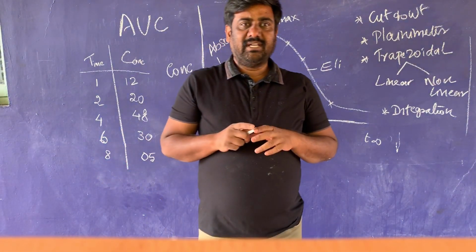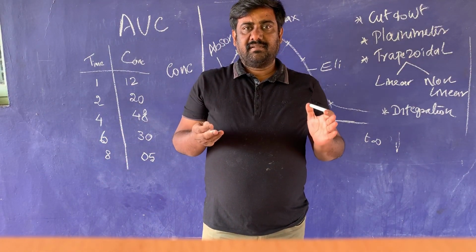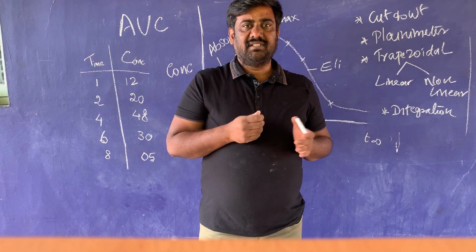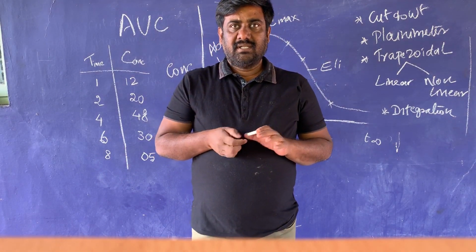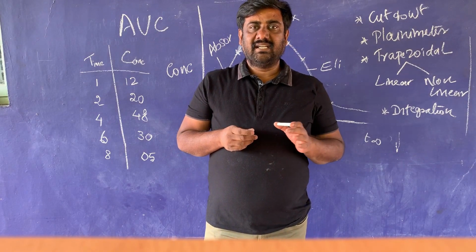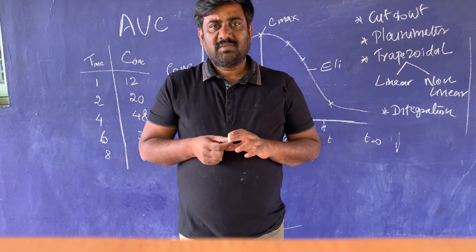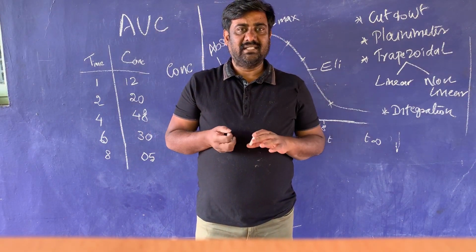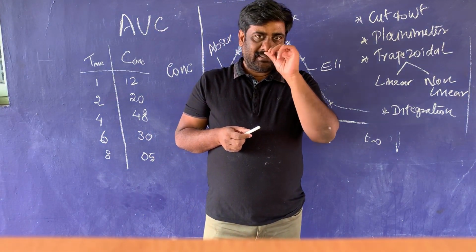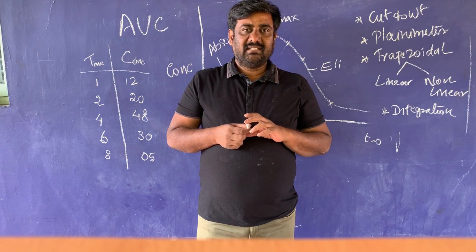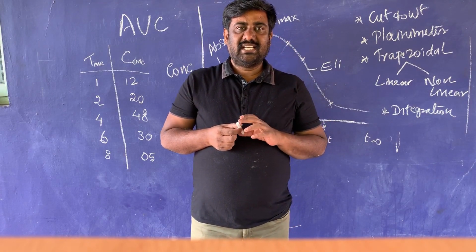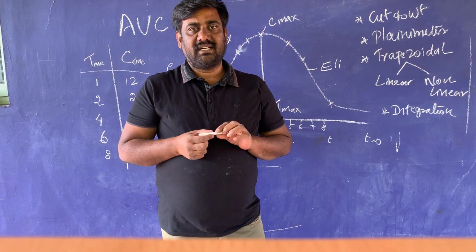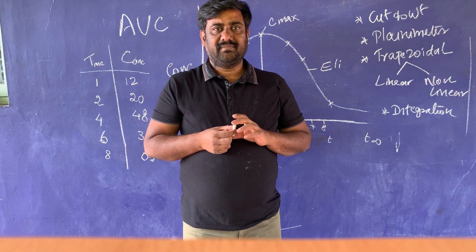See, the bioavailability has a direct correlation with the AUC. AUC is nothing but area under the curve. So what is bioavailability? Amount of drug reaching blood. First we have to make the drug reach the blood, then we should check the concentration of the drug present in the blood.